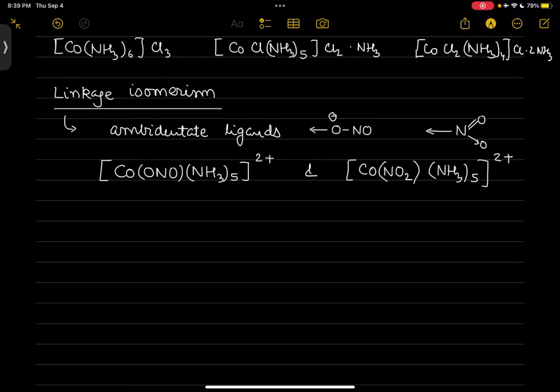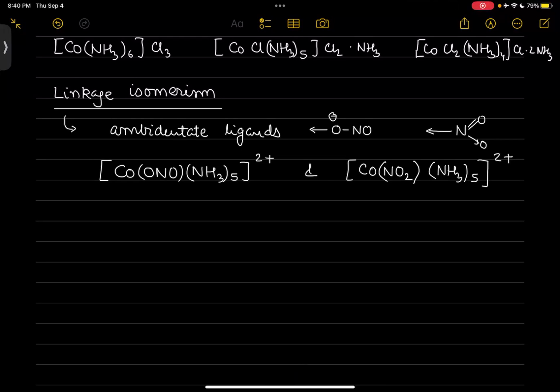So now this is NO2. Is it clear? The overall formula has remained same, but the way in which the ambidentate ligand is linked to the metal ion has changed.